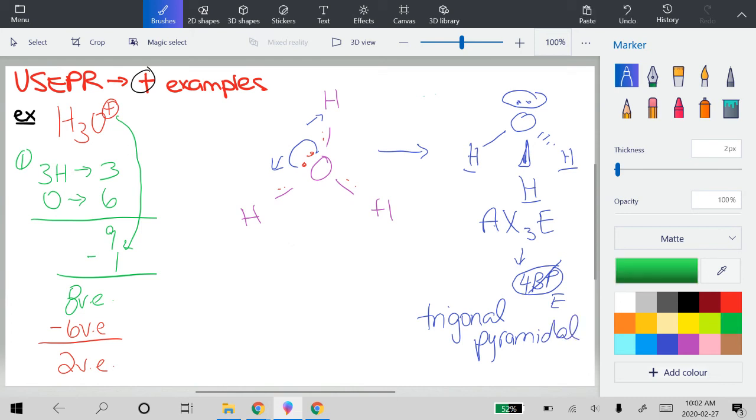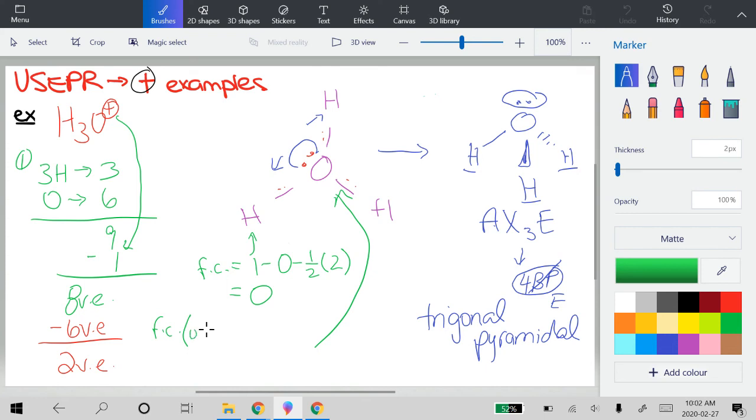And before I forget, we should check formal charges here. So the hydrogen is going to be 1 minus no lone pairs, half bonding pair. So that's our 0. It should be the oxygen then that has the positive charge.